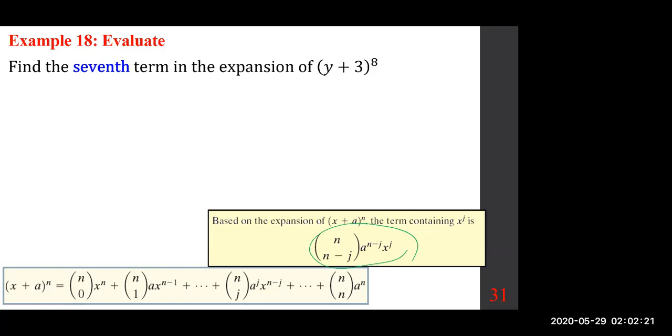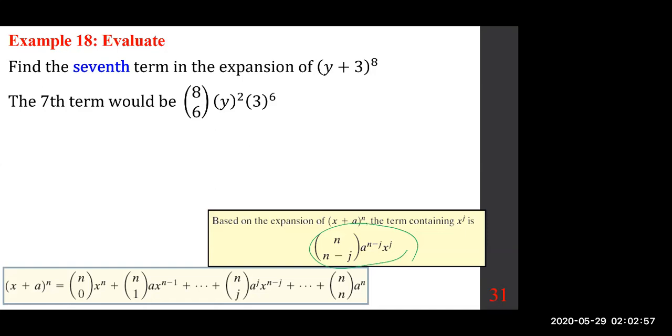Okay, so we want the 7th term. And so remember, you have 8 terms. So we can write the 7th term in the following manner: C(8,6).